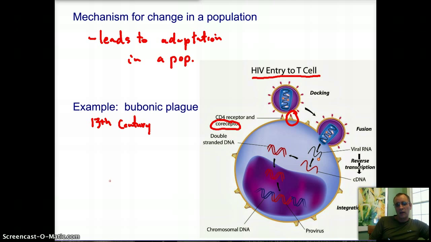Okay, so the population in Northern Europe had changed as a result of bubonic plague, and then coincidentally, that same adaptation that helped to prevent you from being infected by the bubonic plague also helps you to resist being infected by HIV. Pretty interesting. So that's natural selection.